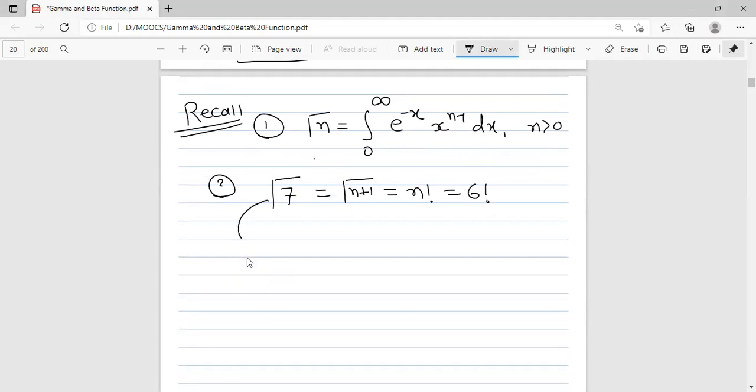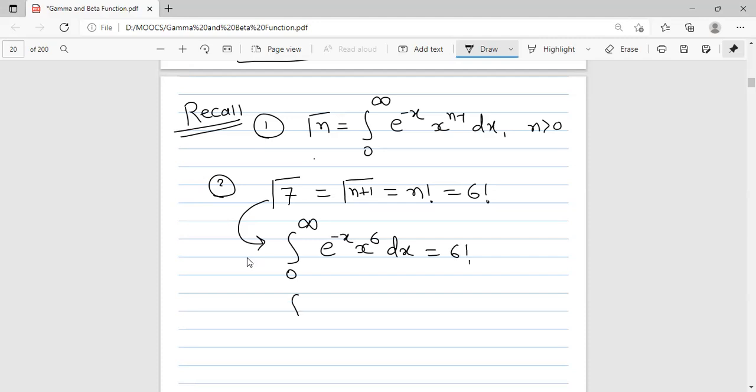Since gamma 7 is nothing but the integration from 0 to infinity of e raised to the power minus x into x raised to the power 6 dx, the answer for this is 6 factorial.